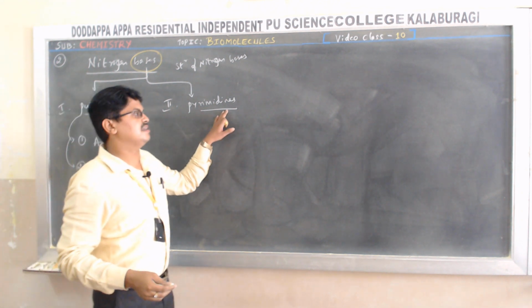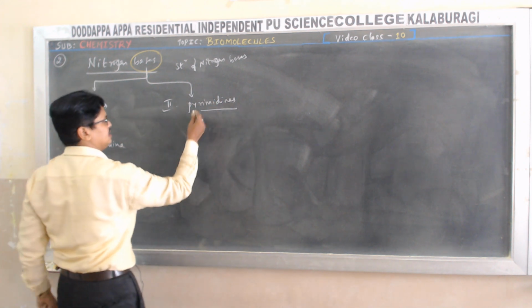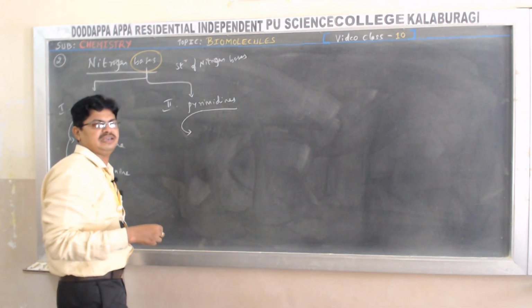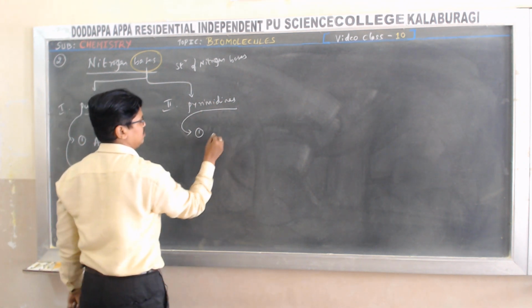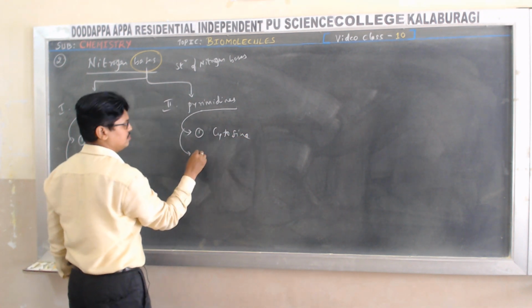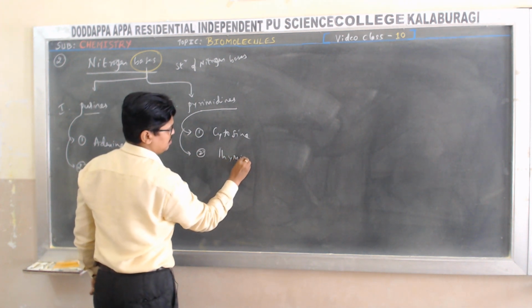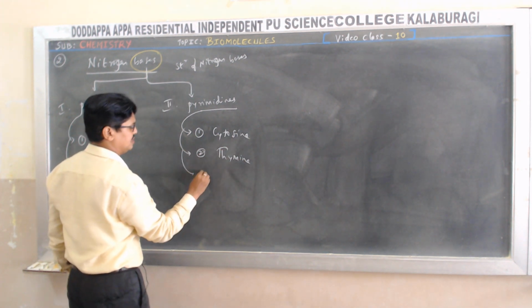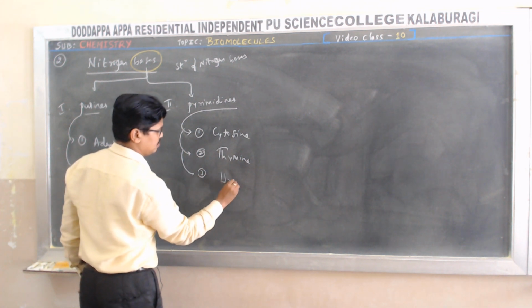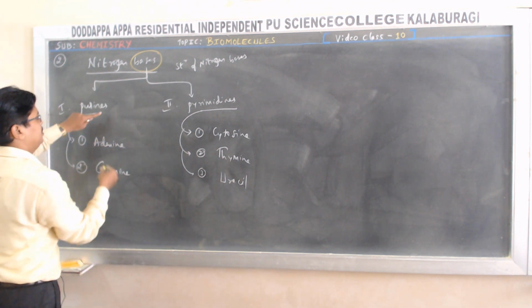Pyrimidines are the single ringed structure heterocyclic compounds. They involve cytosine, thymine, and uracil.